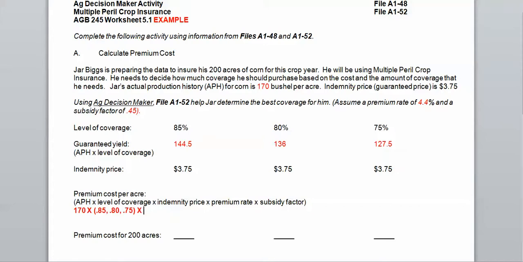Multiply by the indemnity price of $3.75, multiply by the premium rate of 0.044, and multiply by the subsidy factor of 0.45. So for the first one, 170 times 85% times 3.75 times 0.044 times 0.45 equals $10.73.